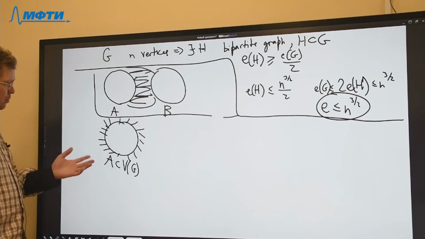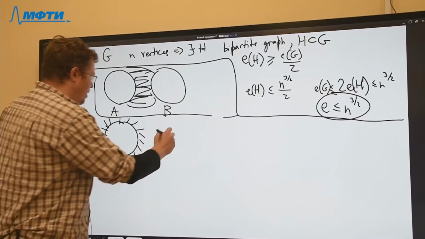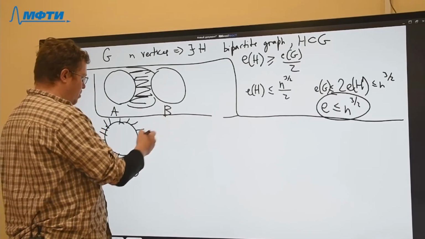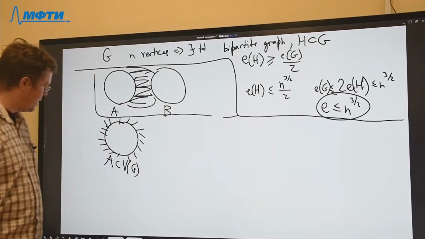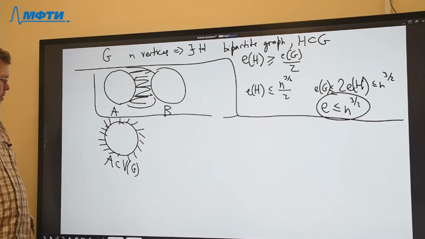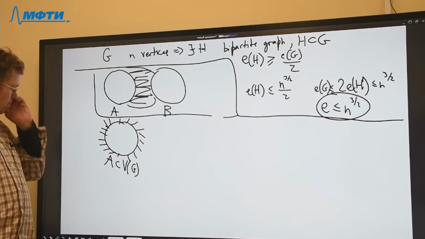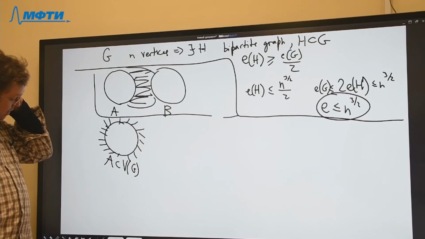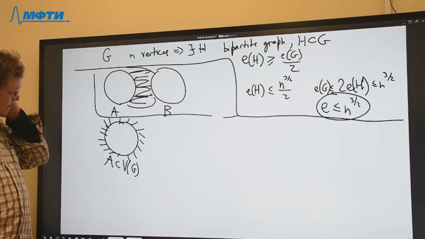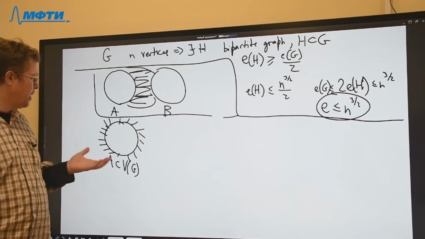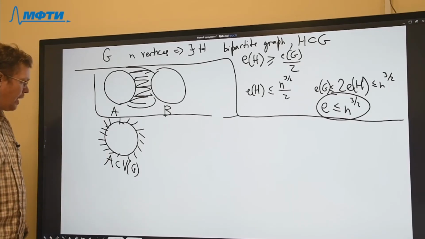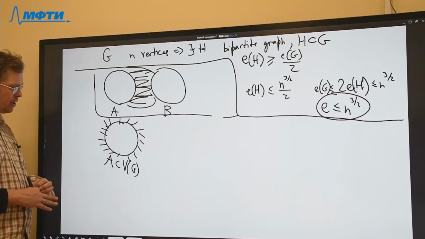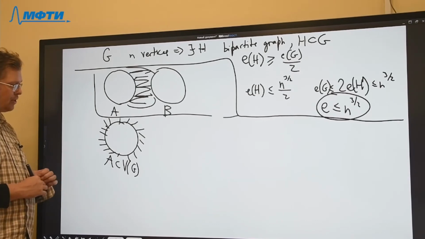So all we need to do is find a subset of the set of vertices such that there are many edges coming outside of it. And we can try to achieve it by double counting.